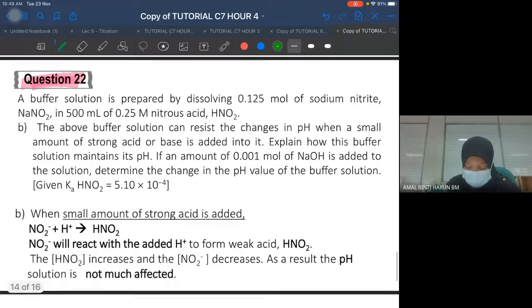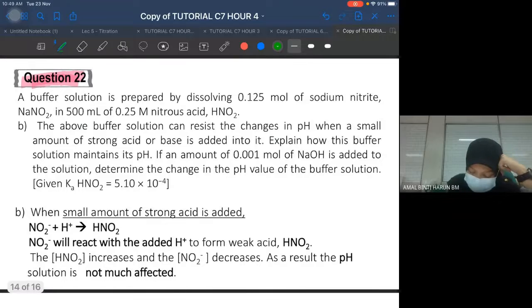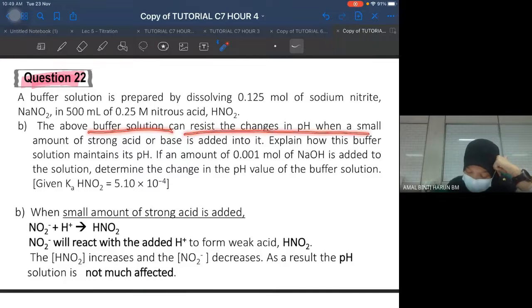Thank you. And the last one is the, mana soalan? Buffer solution. Masih soalan yang tadi. Okay. The above buffer solution can resist changes in pH when a small amount of strong acid or strong base is added. So sekarang dia minta explain how this buffer solution maintain its pH. Explain.